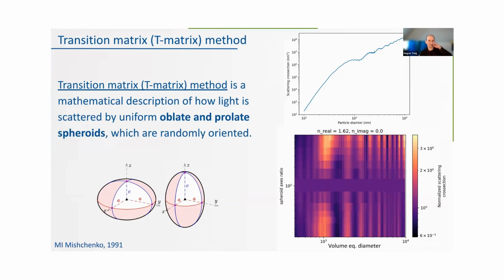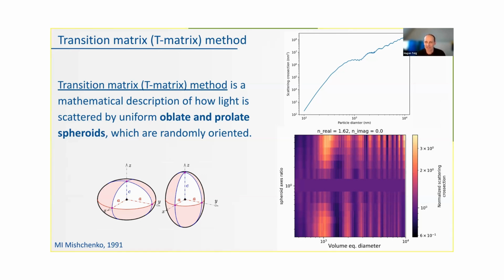The difference to the Mie theory is that we are now considering oblate and prolate spheroids instead of spheres. And also they need to be randomly oriented. By the way, with the transition matrix method you can use arbitrary shapes. You don't have to use oblates and prolates, but this is an approximation that makes the computational effort reasonable.